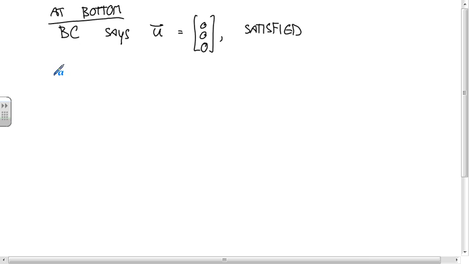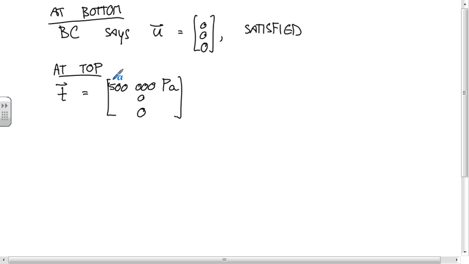At the top, our boundary condition says that the traction is equal to positive 500,000 pascals, 0, 0. So now, does that make sense where that came from?